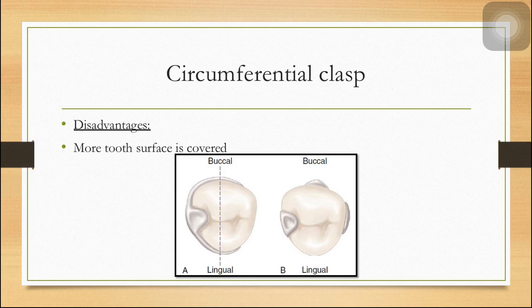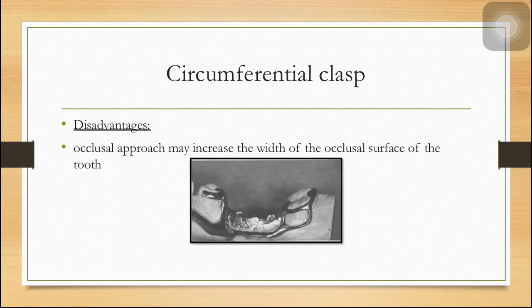The most obvious disadvantage is that more tooth surface is covered in the case of the circumferential clasp arm, which leads to more contact, more wearing of the metal or the tooth, or it may lead to carious involvement of the teeth in the areas of clasp contact. Another disadvantage of the occlusally approaching circumferential clasp arm is that its occlusal approach may increase the width of the occlusal surface of the tooth.